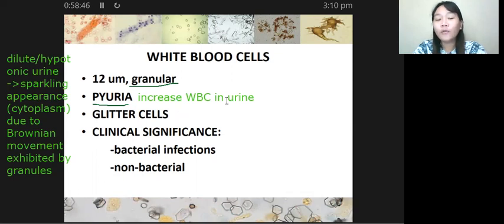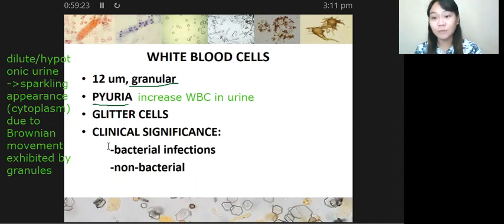For your WBCs, there are several clinical significances for their presence in your urine sample. It may be due to bacterial infections. So we have pyelonephritis, which pertains to the bacterial infection of your nephron or your kidneys.